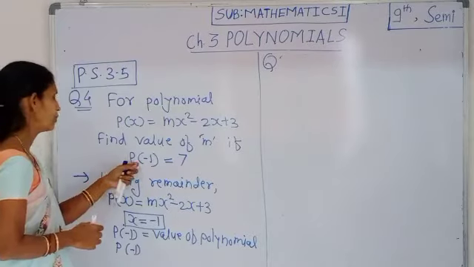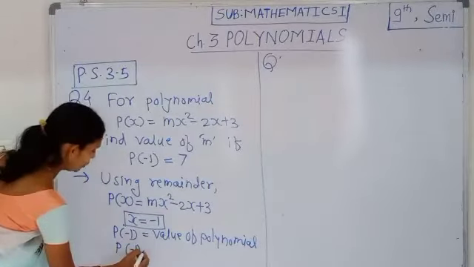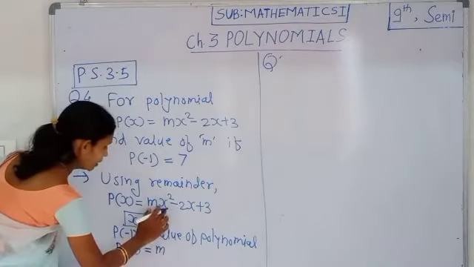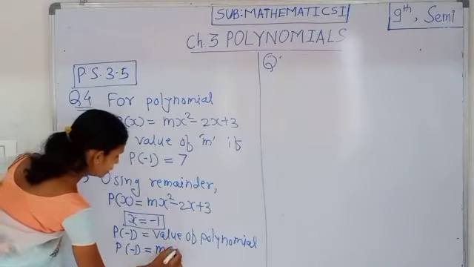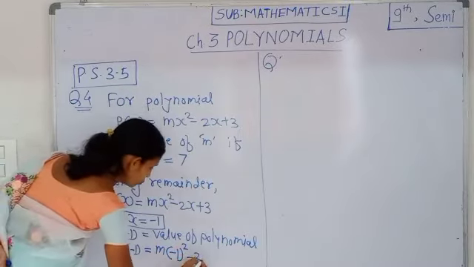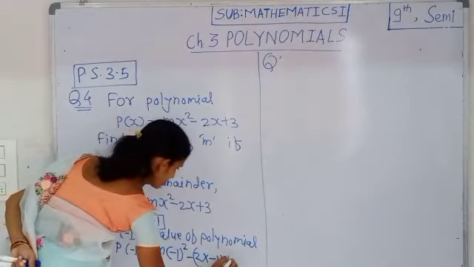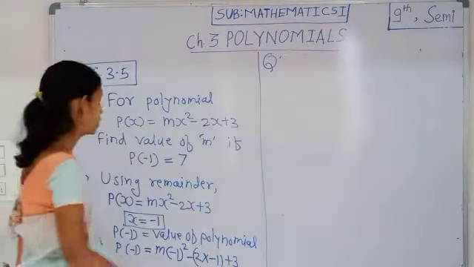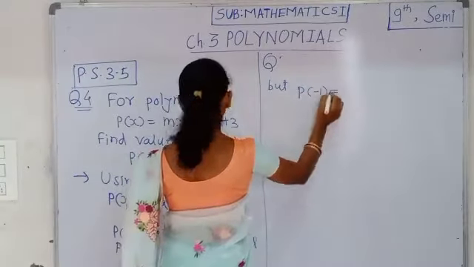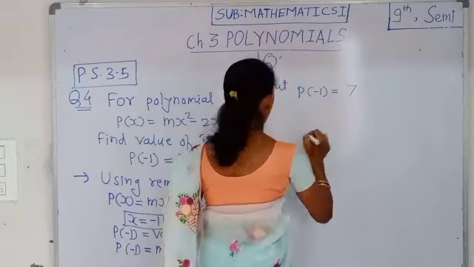So p(minus 1) equals m into minus 1 square minus 2 into minus 1 plus 3. But here p(minus 1), the value of that polynomial for x equals minus 1, is 7.